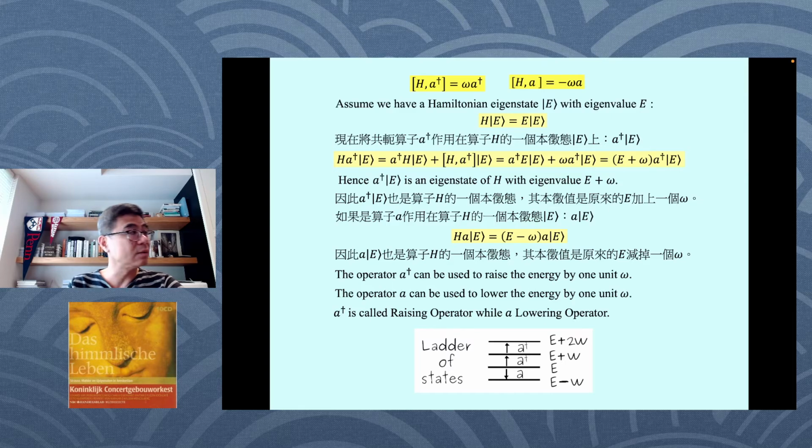Remember, the first gun in the quantum mechanics revolution is that Planck showed that for simple harmonic motion in the quantum state, the energy is quantized just like this.